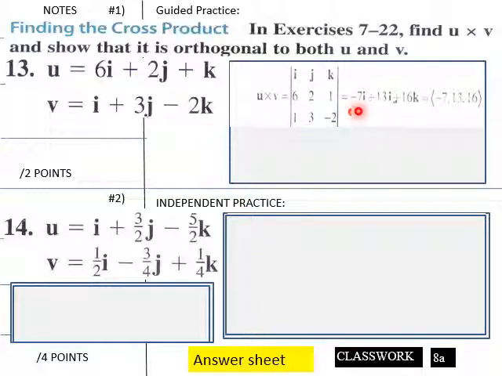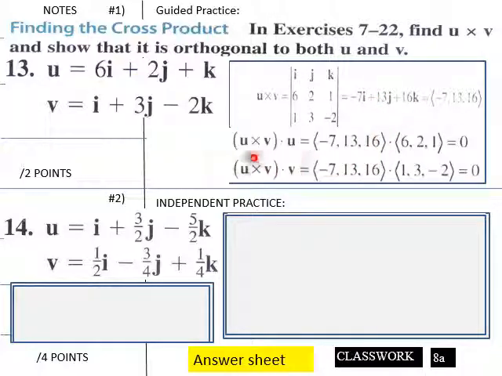But you end up here with negative 7i plus 13j plus 16k, and this can be summarized in component form as negative 7, 13, and 16. So this is the vector in component form.